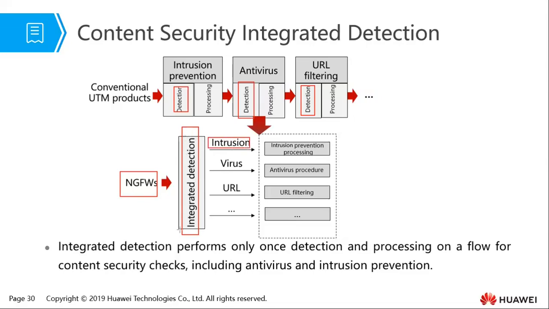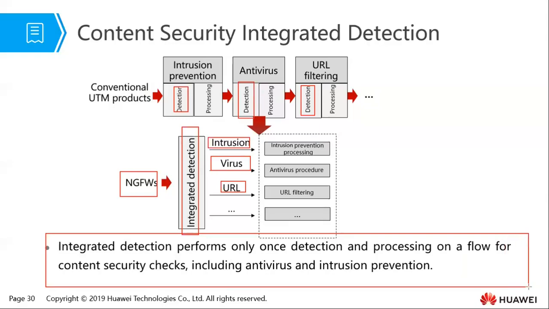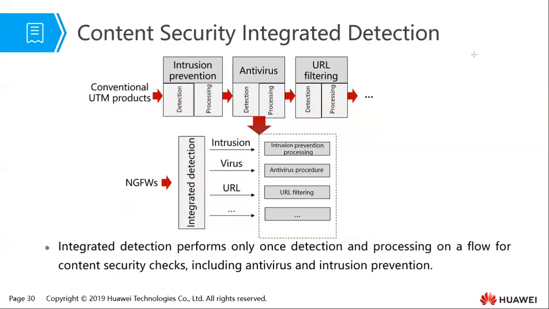After reading those parameters, we can go through the list one by one and do URL filtering, antivirus procedures, and intrusion prevention processing, among others. So integrated detection performs detection and processing only once on a flow for content security checks, including antivirus and intrusion prevention. That is on the next generation firewalls. Otherwise, for UTM firewalls, each process was doing detection on its own.